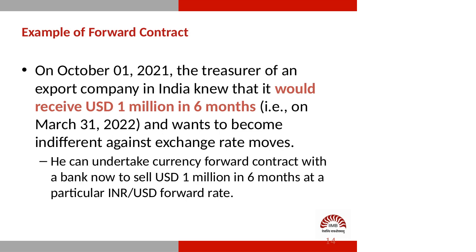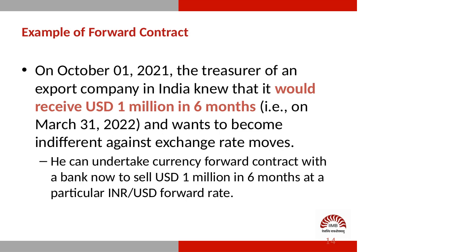So to prevent this uncertainty, you can undertake a currency forward with a bank today, under which you enter into a contract to sell $1 million 6 months from today. Essentially you enter into a contract to deliver $1 million on 31st of March, and there will be a particular rate that you will fix today.